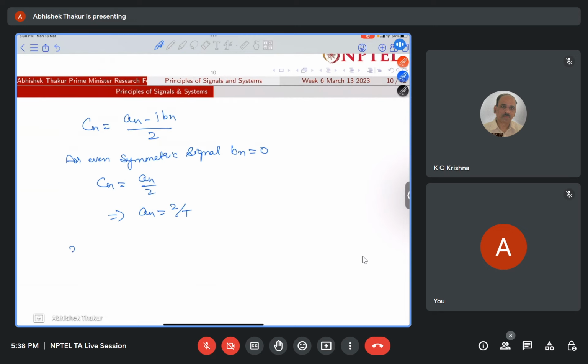So finally, we can write our signal xt as A naught plus An cos of n omega naught t, with n equal to 1 to infinity, and the Bn term is 0.